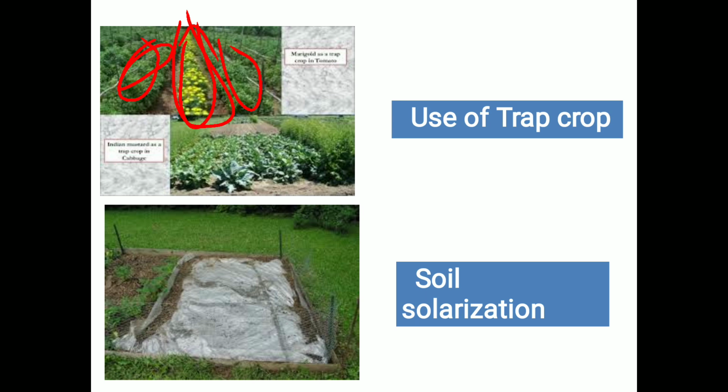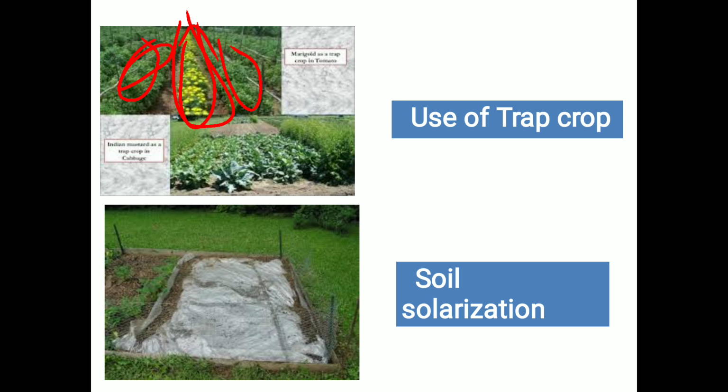For example, if you use marigold around the crop, that marigold kills different soil-borne pathogens due to the presence of alpha-terthienyl, which is secreted by the roots of marigold.